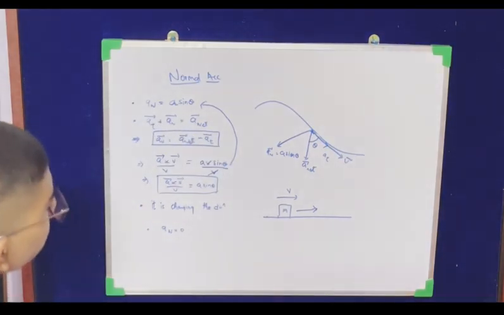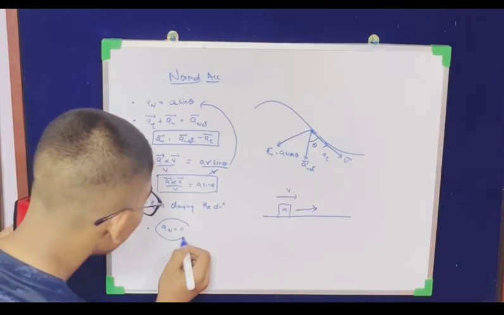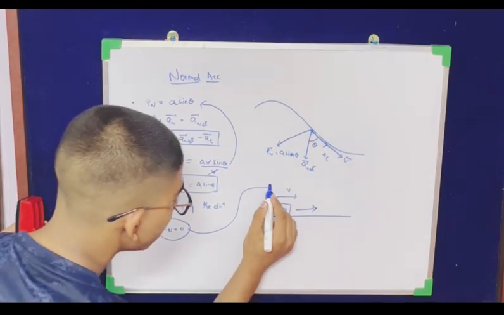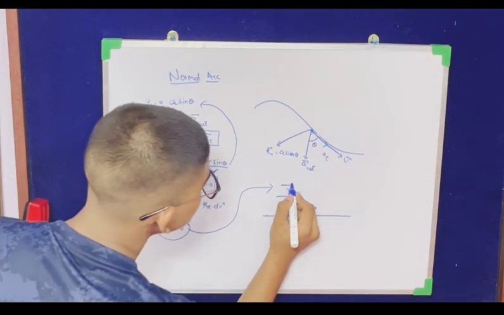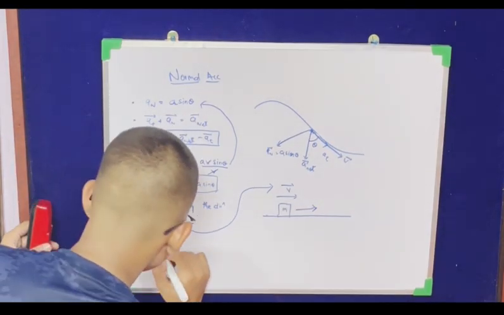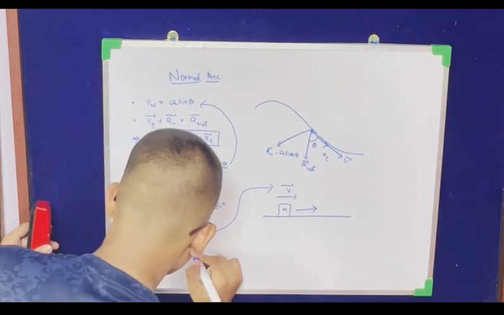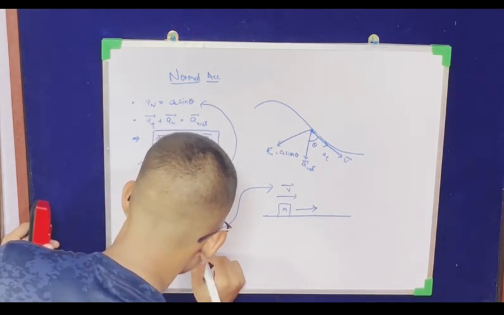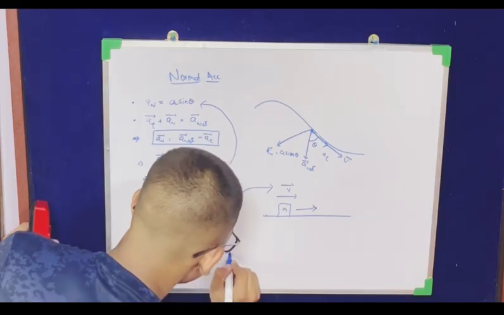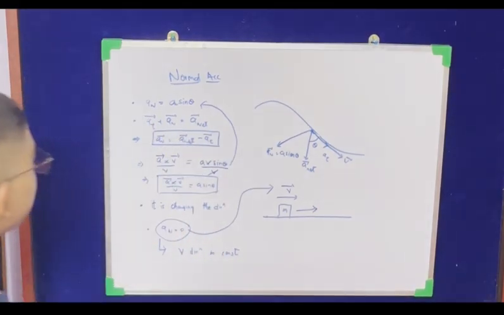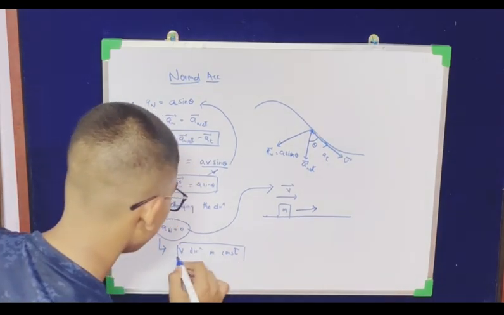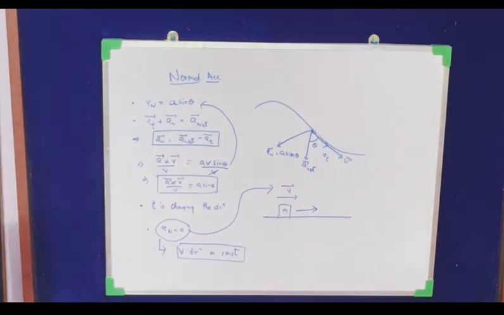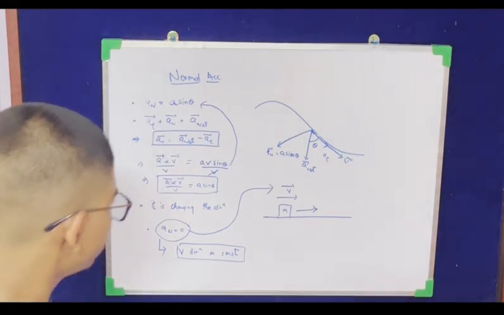So when the normal acceleration value is 0, the direction of velocity is the same. Whenever this is equal to 0, the direction of velocity is constant, right? This is an important thing which we will use in the whole dynamics of circular motion. So it is a basic introduction.